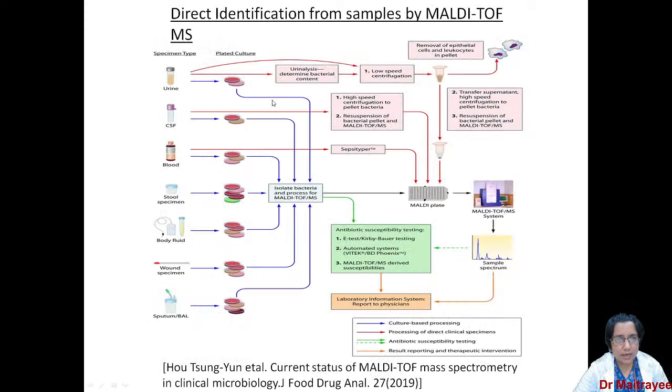MALDI-TOF-MS is usually used as a culture-based technique, but it can be used for processing direct clinical specimens, mainly urine, CSF, and blood. But other samples are generally processed via culture techniques, not by non-culture techniques.